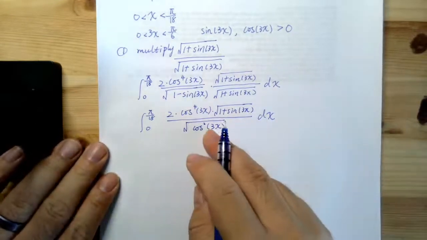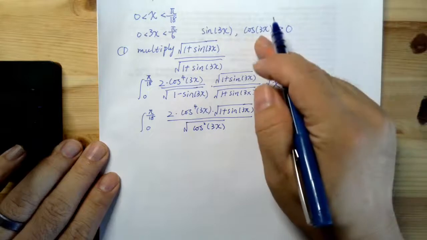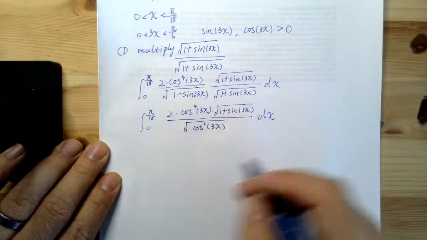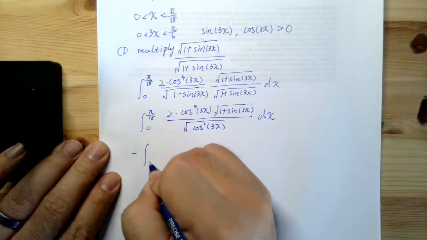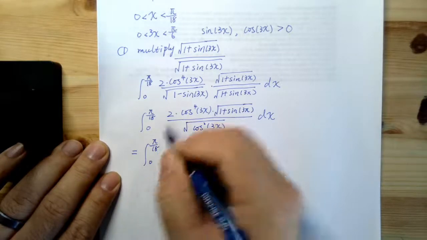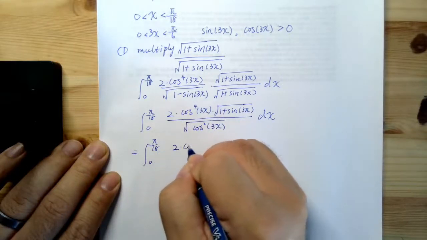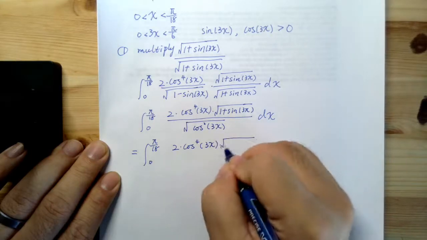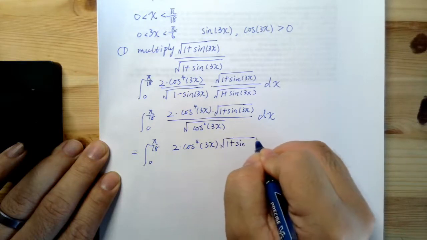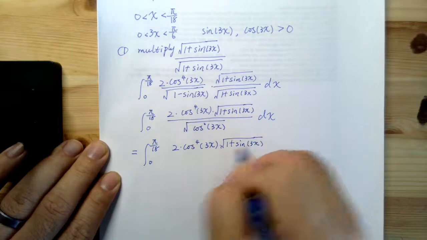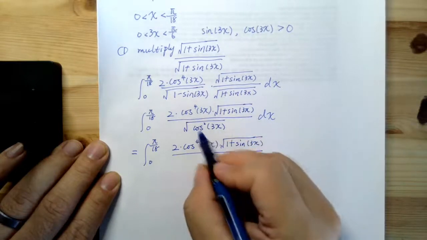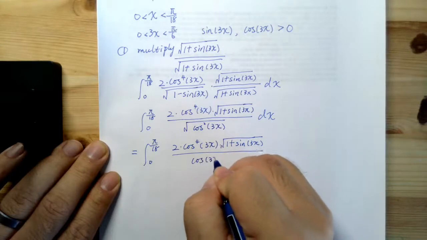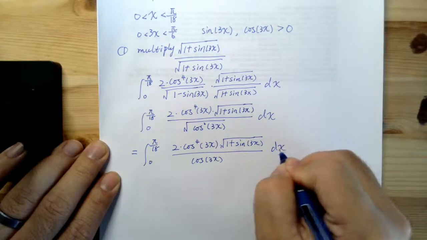And also, since cosine 3x is greater than 0, as we just discussed, you have square root of a square, since it's positive, so just the cosine 3x dx here.